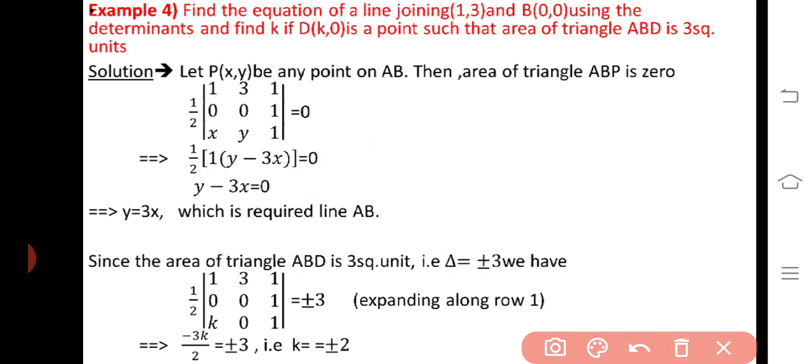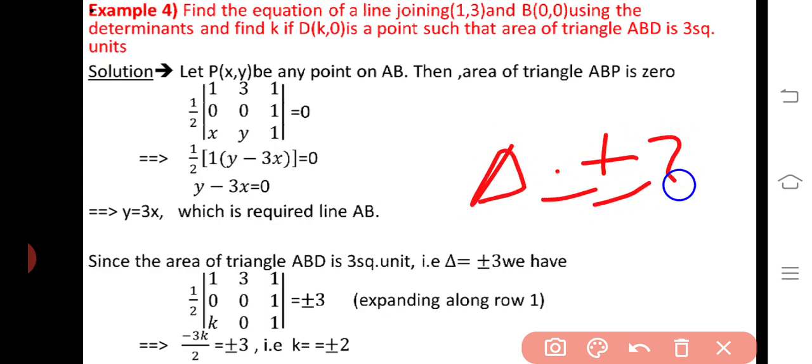The equation of the line is y equals 3x, which is the required equation of the line AB. Now I want to find the value of k here, and they have given the area of triangle ABD as 3 square units. This is nothing but the determinant is equal to plus or minus 3. Since the area of triangle ABD is 3 square units, the determinant is equal to plus or minus 3.